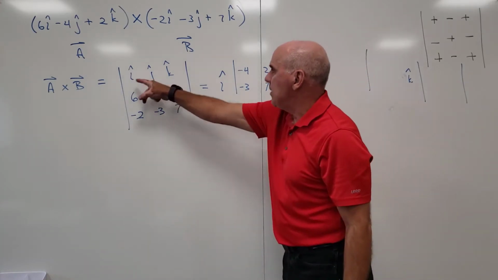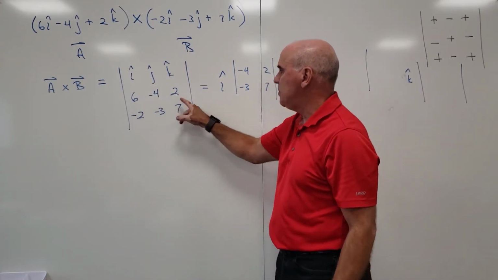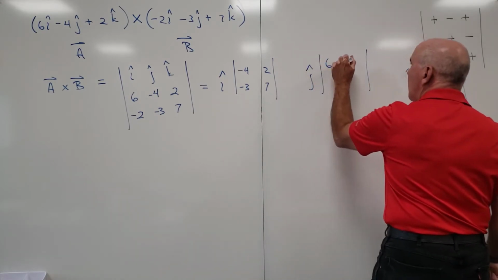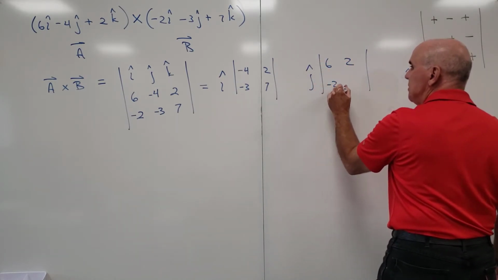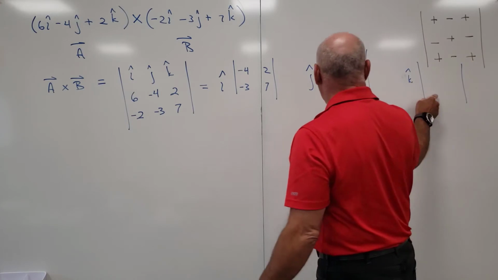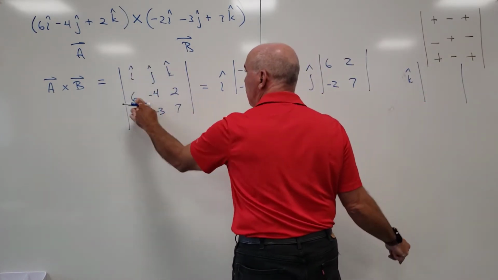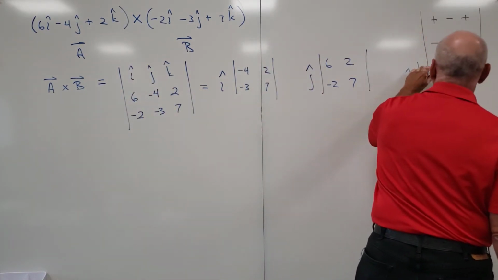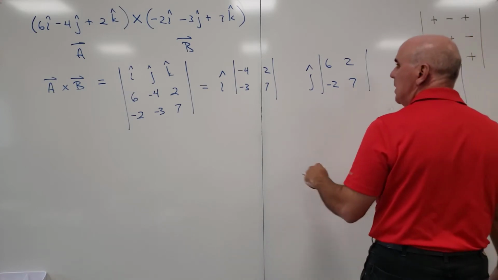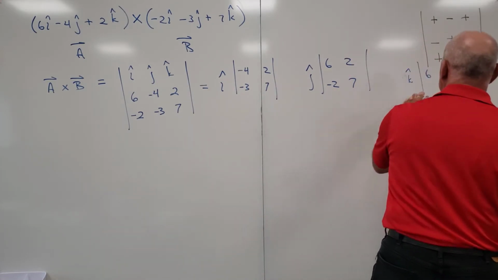For J hat, I'm left with 6, 2, and negative 2, 7. For K hat, I'm left with 6, negative 4, and negative 2, negative 3.